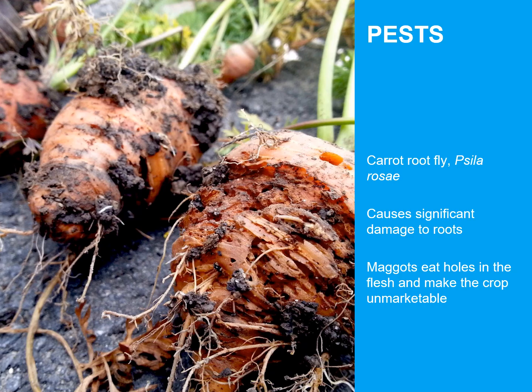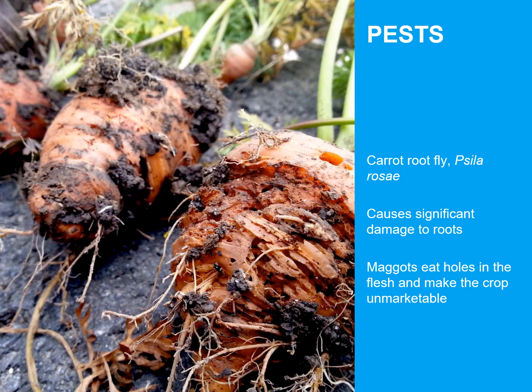What I will go into a little bit more is the types of pests and diseases which might affect carrot crops. There's one particular fly which is quite a large pest of carrots called the carrot root fly, and the Latin name is Psila rosae.